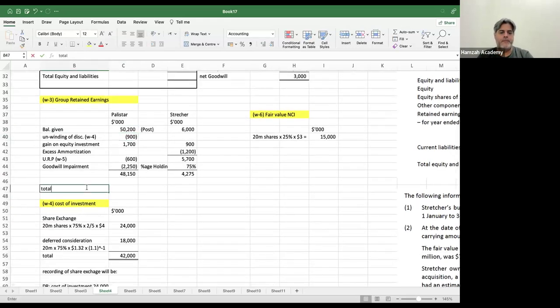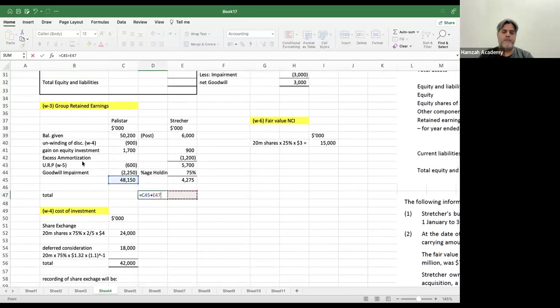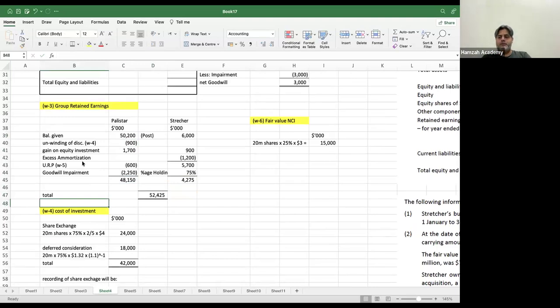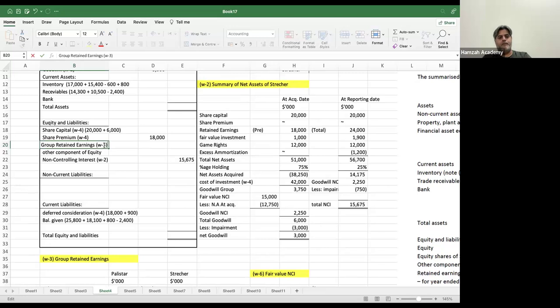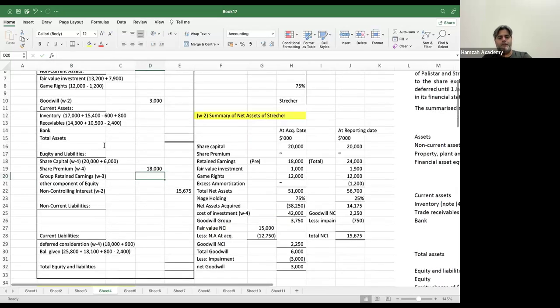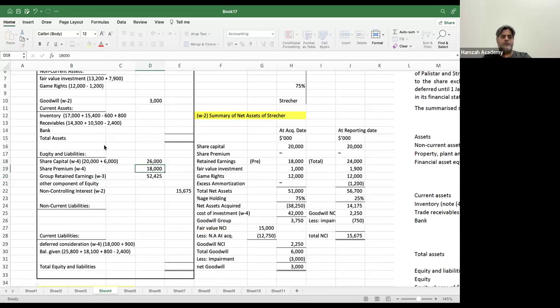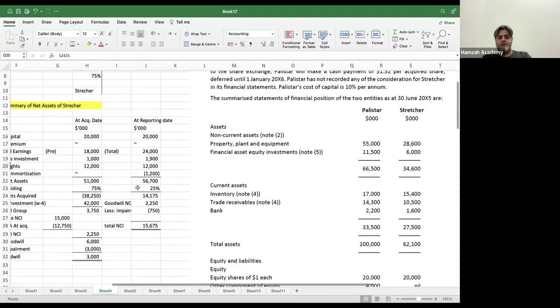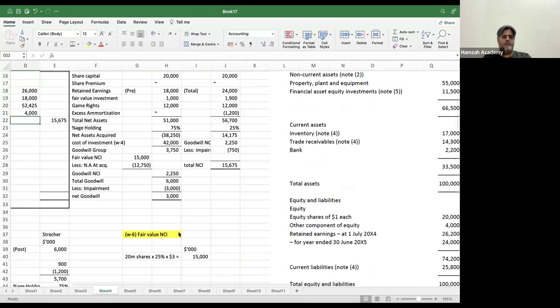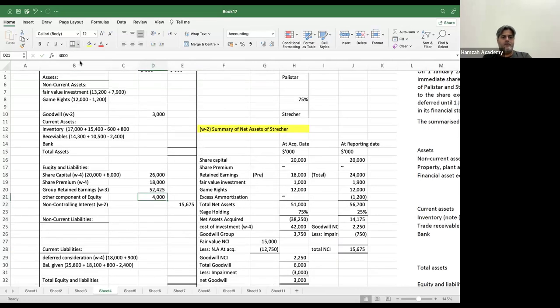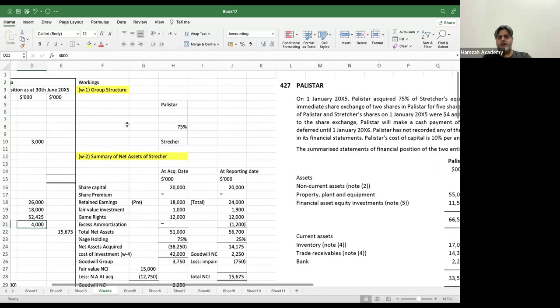So the total 52,425 over here. So this is the group retained earnings, 52,425. Over here, this is 26,000. Right? Other components of equity, let's see. We have 4,000 over here as well. So we'll have the amount over here. Now let's go at the start.